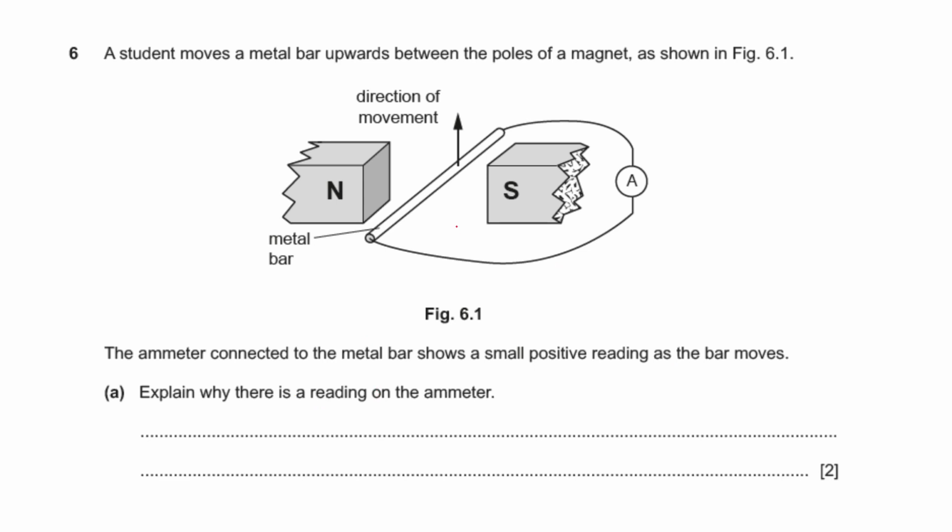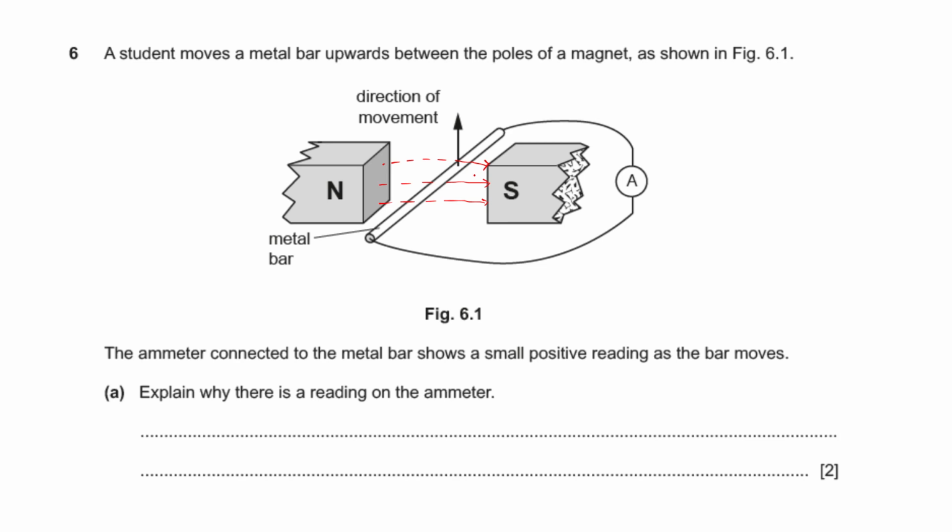Remember, you are moving a conductor in a magnetic field. When a conductor is moved in a magnetic field, current is produced. So again, use the left hand rule. This is the magnetic field direction.